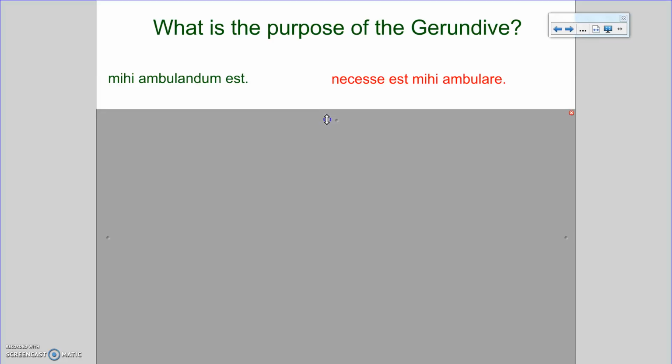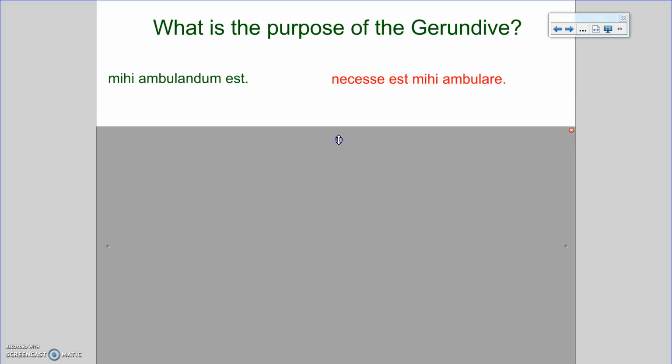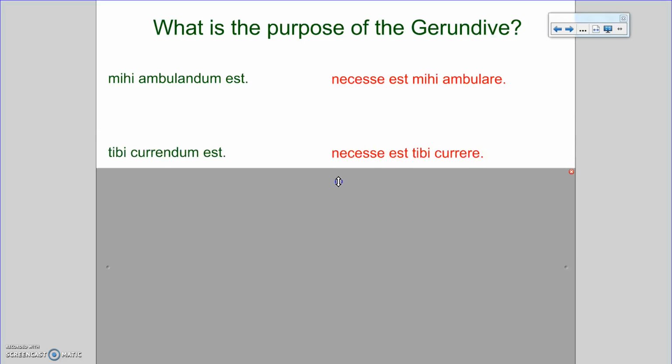Now, the purpose of the gerundive. You can see that we already have forms of verbs that show obligation. You guys have seen a ton of necesse est mihi ambulare, it is necessary for me to walk. Pretty similar to mihi ambulandum est, I must walk. But there's a certain amount of urgency and seriousness that goes into saying must do something versus it is necessary.